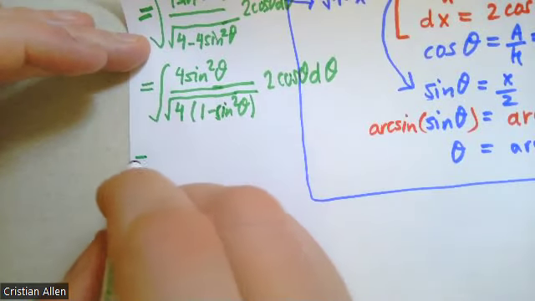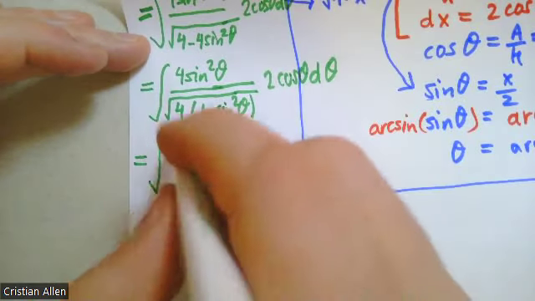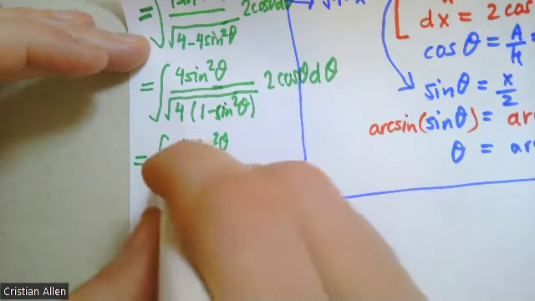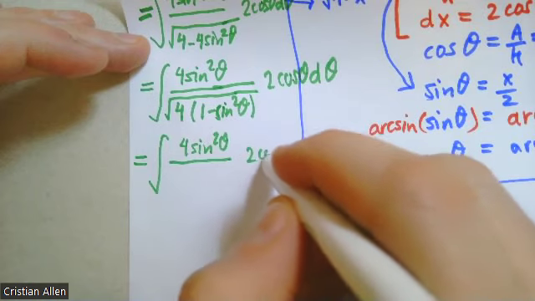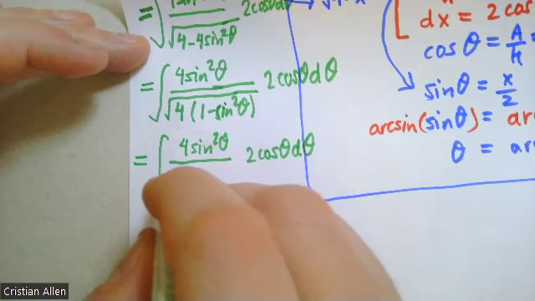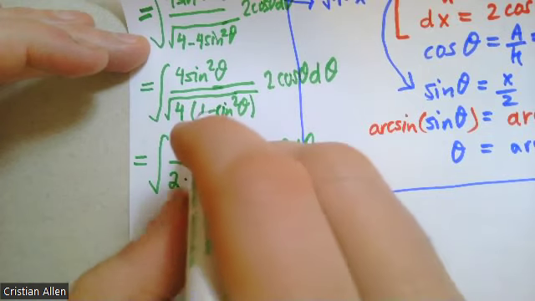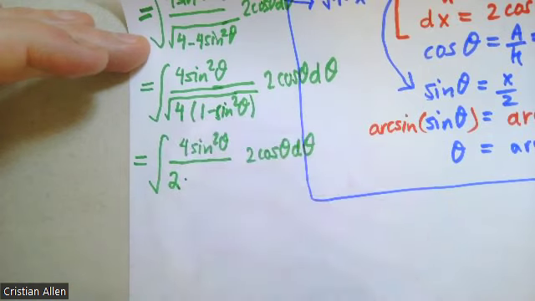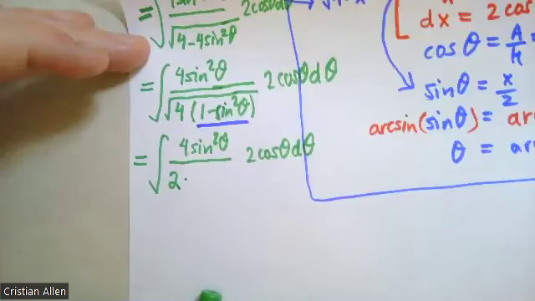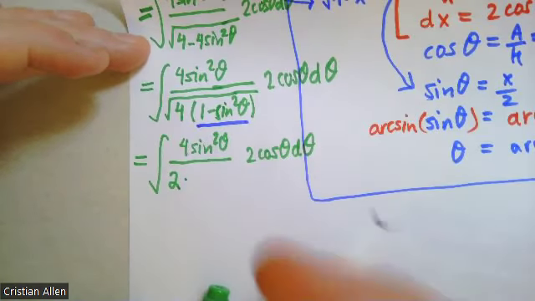Okay, here's where you need your trig identity, your Pythagorean identity. So let me go ahead and write all of this other stuff here. So the square root of 4 is 2. Now this is going to be right here, and this is an important part. You can look up the Pythagorean identity of trig.